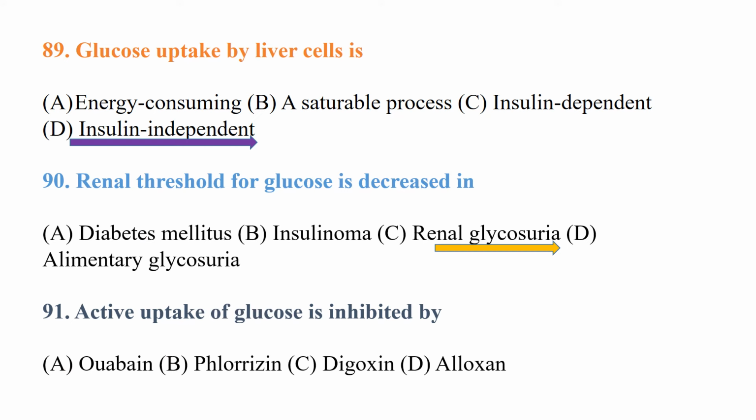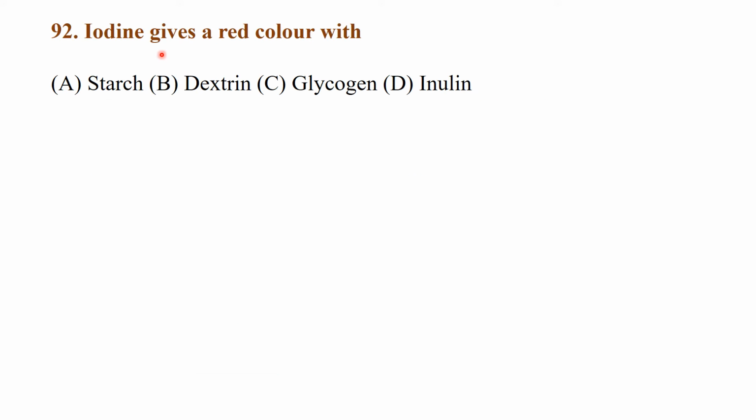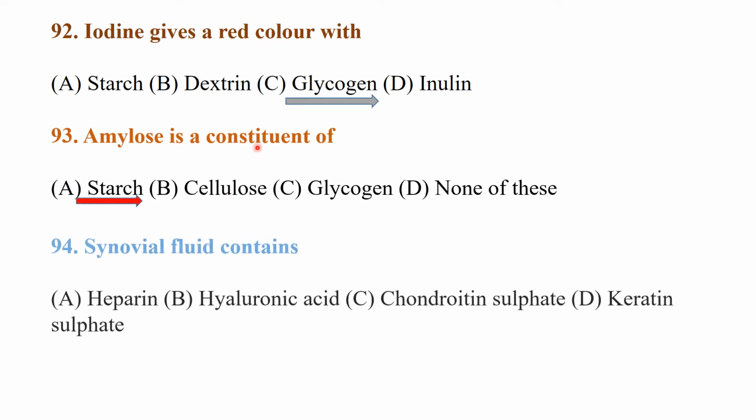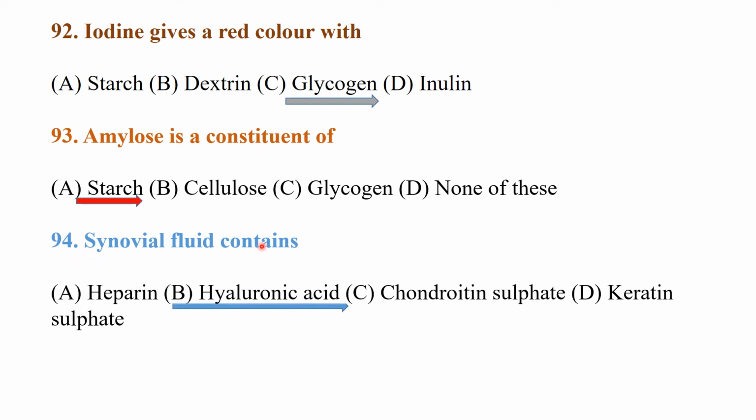Active uptake of glucose is inhibited by phlorizin. Iodine gives a red color with glycogen. Amylose is a constituent of starch. Synovial fluid contains hyaluronic acid.